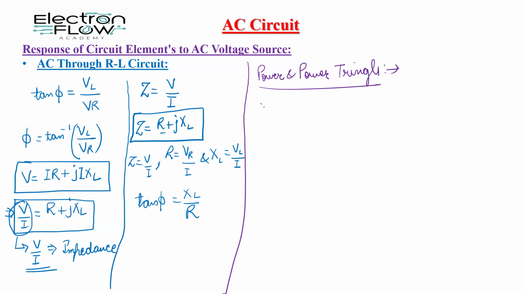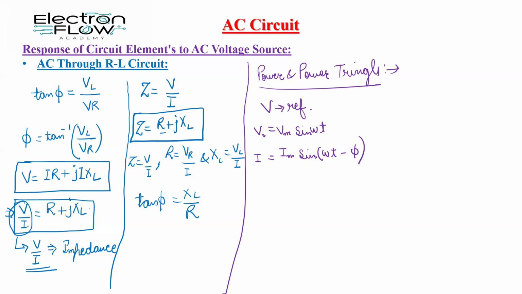So here capital V is the reference, and we may write the equations of instantaneous voltage and current as: voltage v is equal to Vm sin omega t, and current i is equal to Im sin(omega t minus phi).